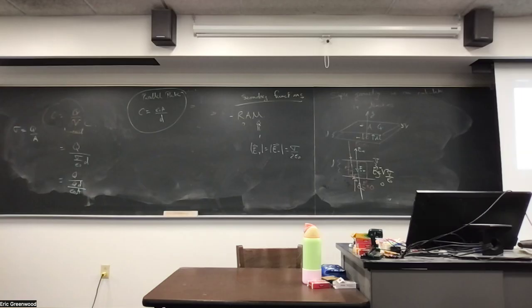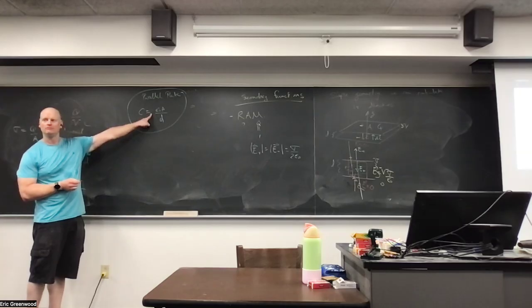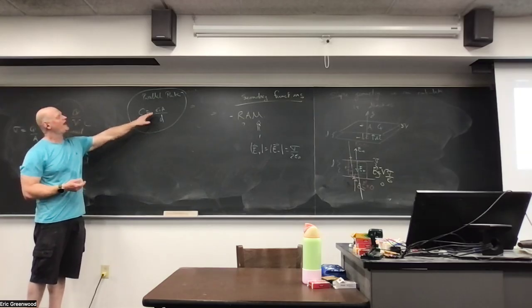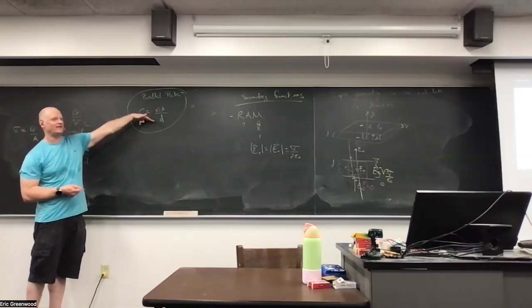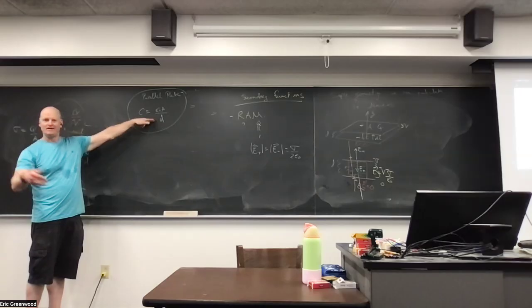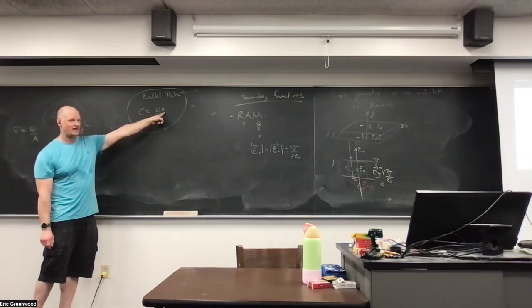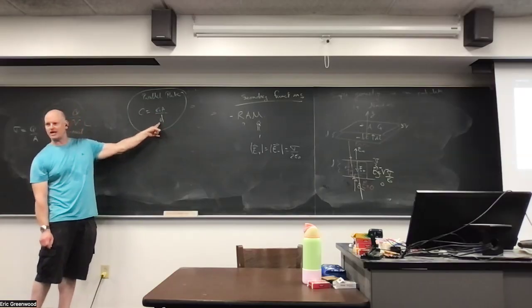Okay? So again, just to point out, does this depend on charge? No. Does it depend on potential? No. It only depends on the area and the distance between the plates, which means it only depends on geometry. Which again means the only way to change the capacitance of the capacitor is either to change the area or to change the distance between the plates.